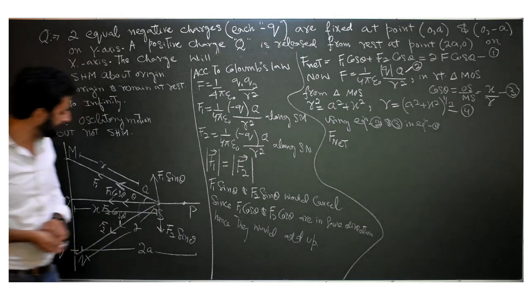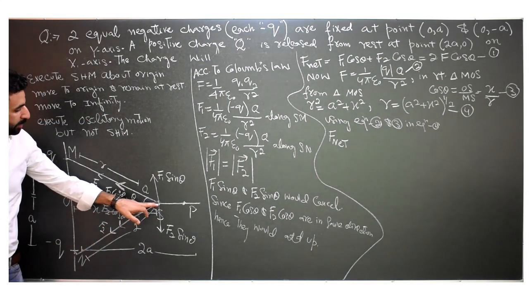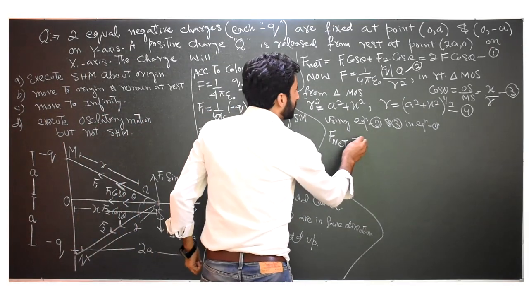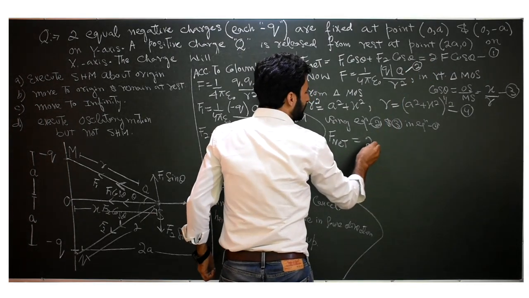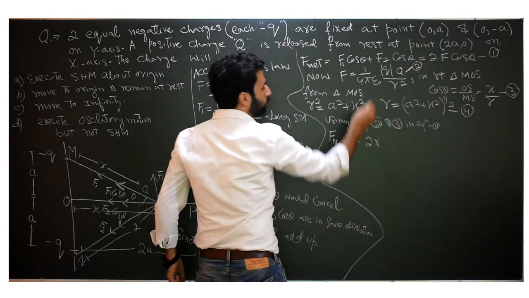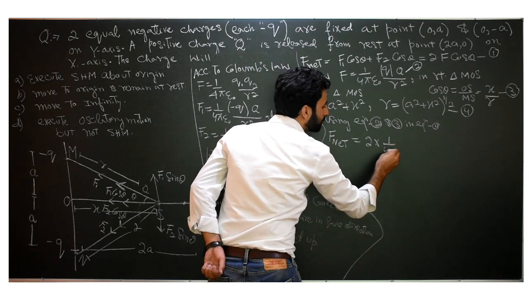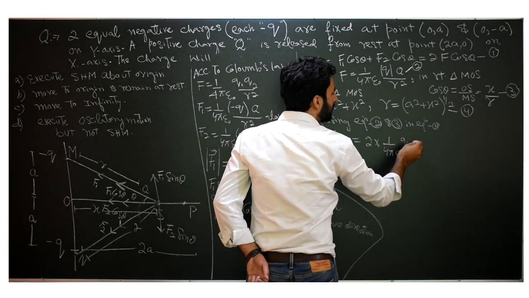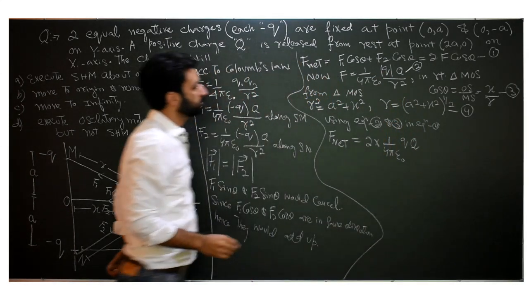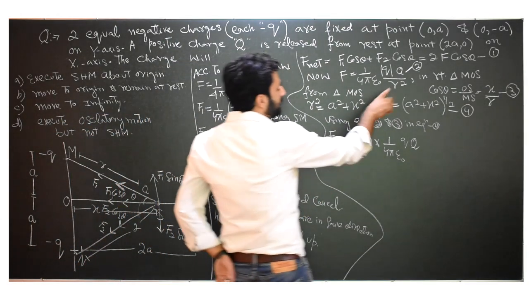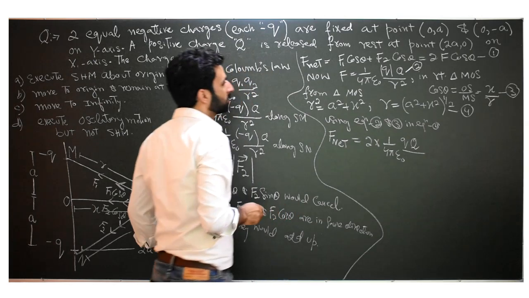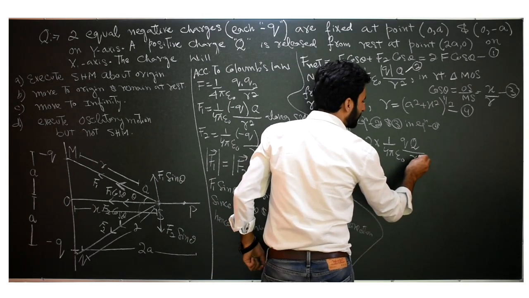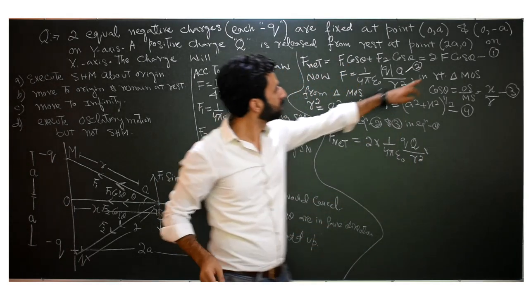What is this net force? This is the net force acting on this charge capital Q due to these two charges minus Q each. So F net will be equal to twice F. F we have here as 1 by 4 pi epsilon naught, taking only the magnitude of these charges, small q into capital Q divided by r square, into cos of theta.